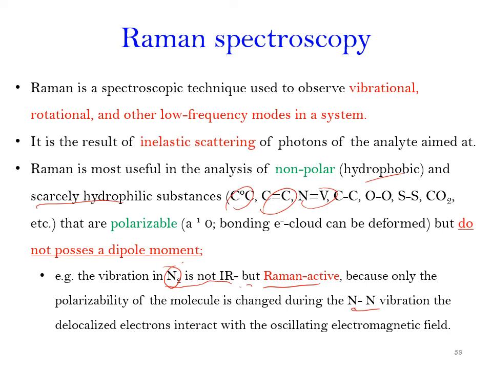So this interaction of delocalized electrons from the nitrogen-nitrogen bond with the oscillating electromagnetic field that comes from applied light makes nitrogen Raman active, but it is not IR active because it doesn't have a dipole moment. The dipole moment for nitrogen is 0.